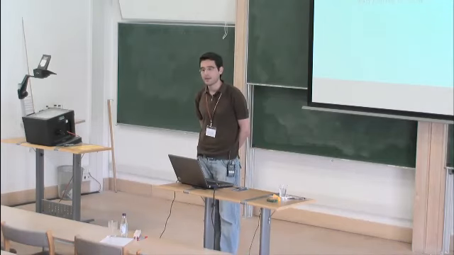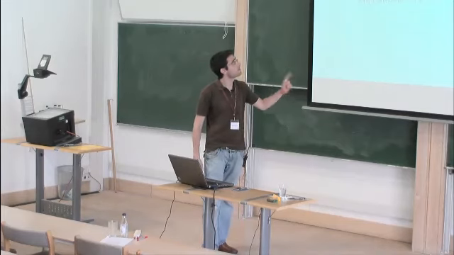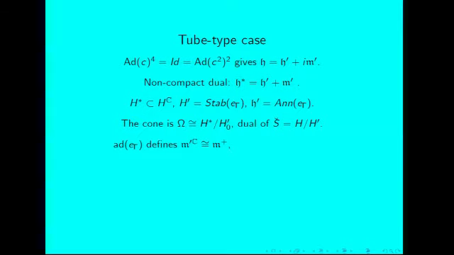Moreover, the adjoint action of this element E gamma defines an isomorphism from this isotropy representation M prime C, which is the isotropy representation corresponding to H dual, with this M plus, which lived in the isotropy representation corresponding to G, and this is H prime equivariant, but we want it to be H prime C equivariant.